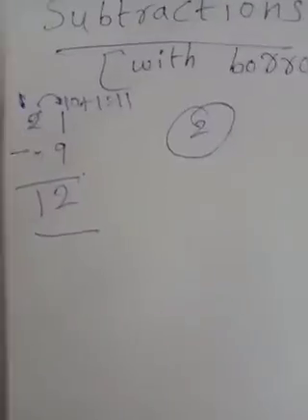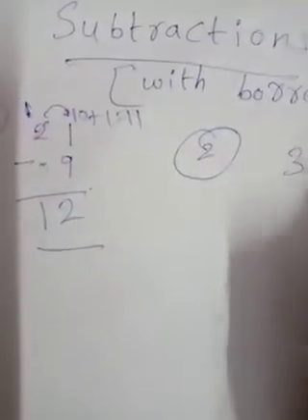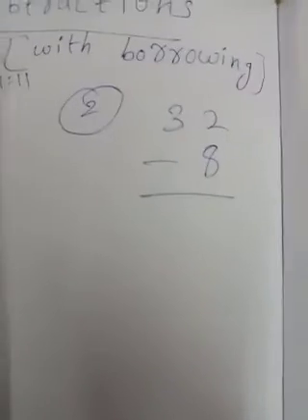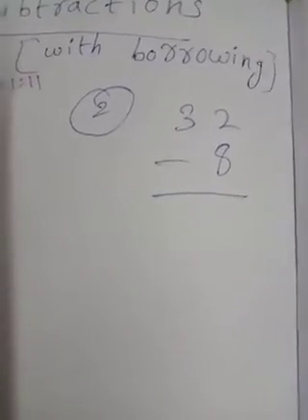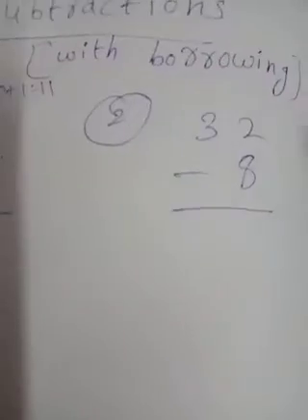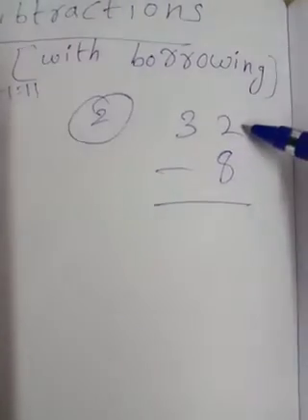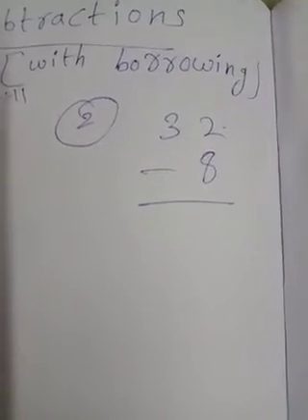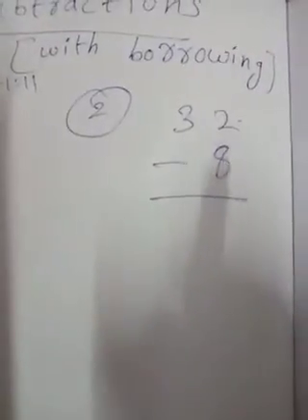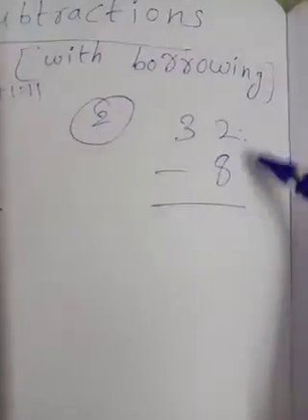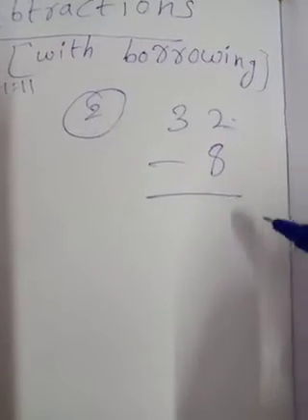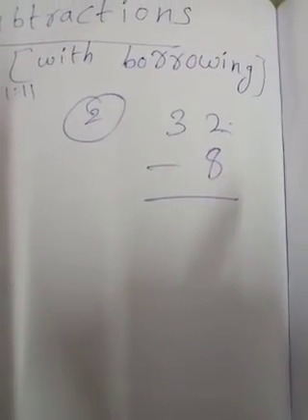Second one, 32 minus 8. Here up is 2, down number is 8. First of all we take the ones place digits only. Is subtraction directly possible?